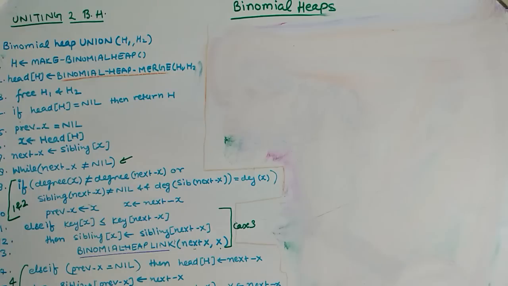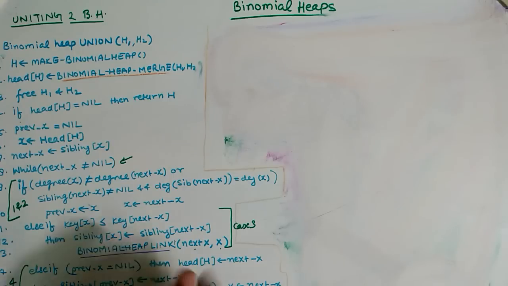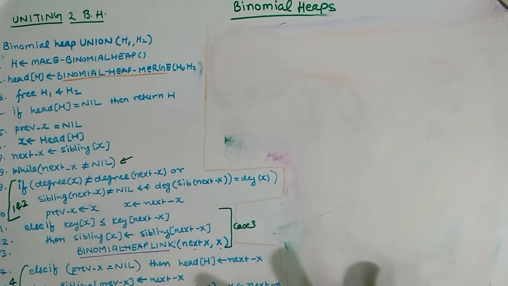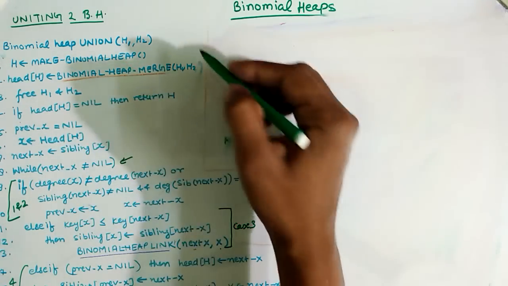Because it only calls the binomial heap link procedure again and again, that takes order of one time, and the main time is taken by binomial heap merge, which has log n nodes in each of the h1 and h2 heaps.